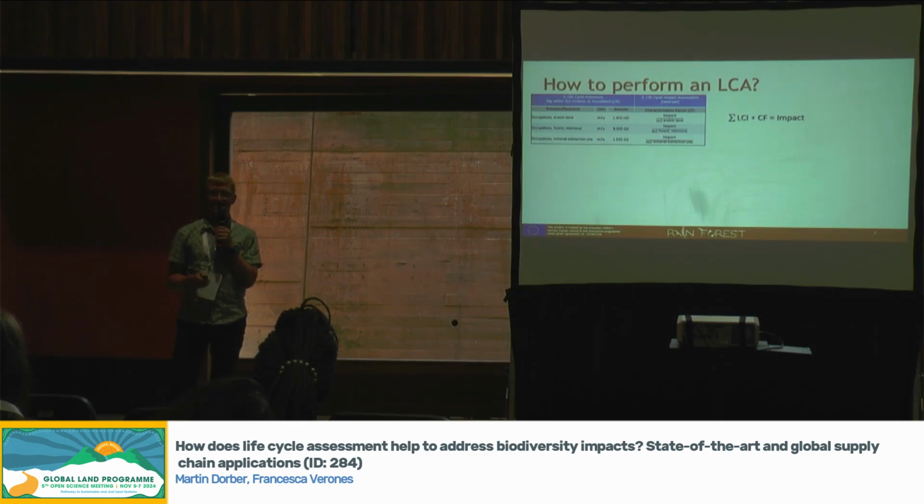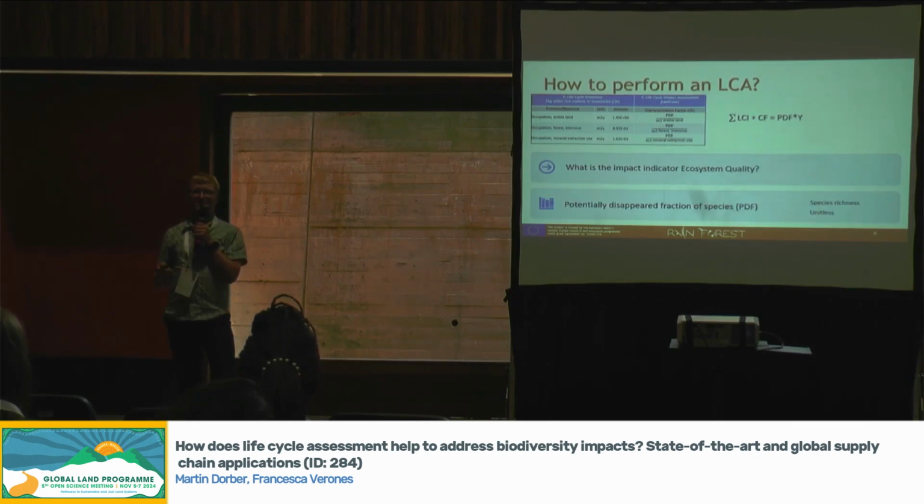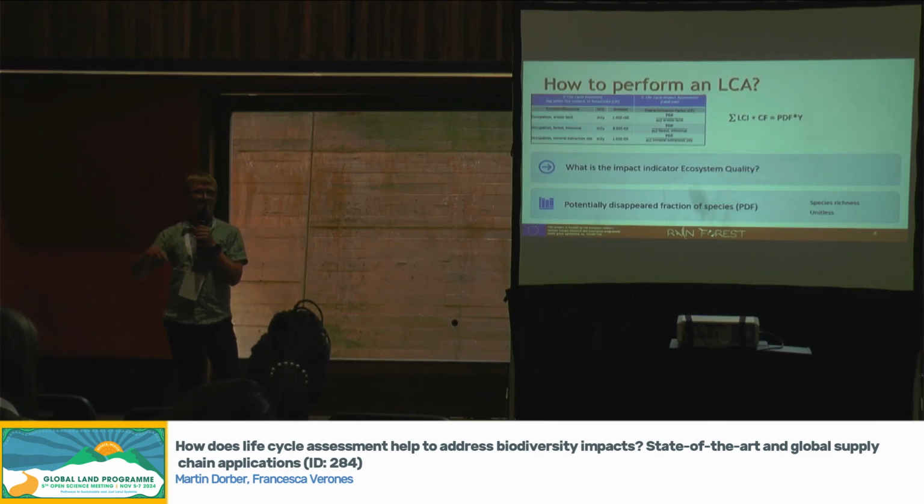So now the question for you, fitting with this session, is what is the impact indicator that we use in life cycle impact assessment? The indicator of choice is the so-called potentially disappeared fraction of species. It's a measure of species richness, and it's a unitless factor between 0 and 1, relative to the species present in the area.